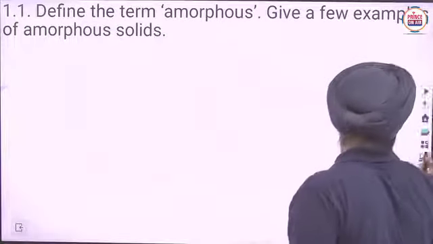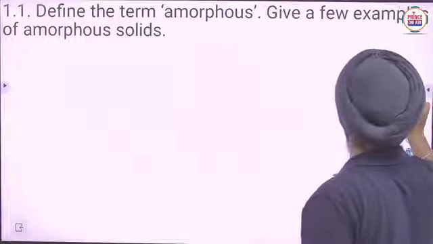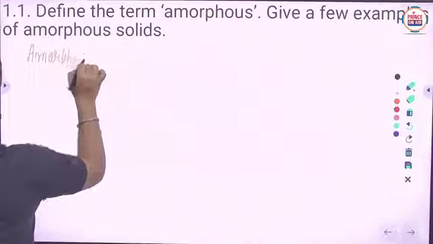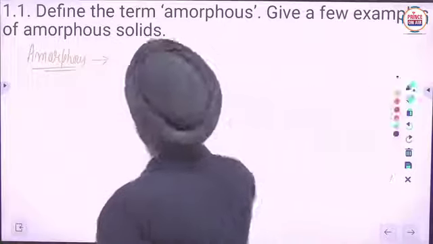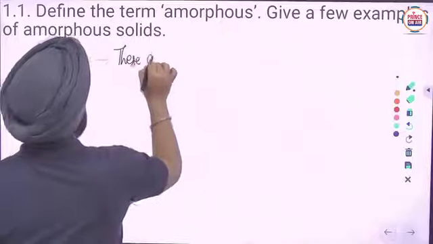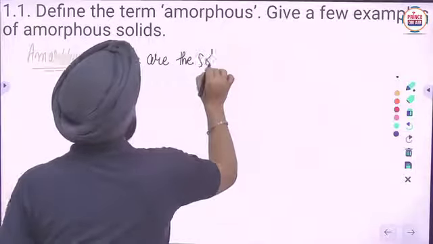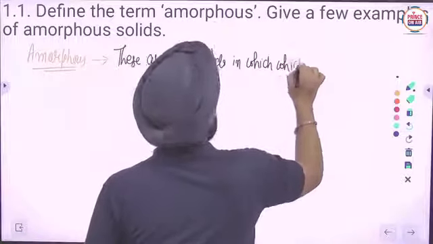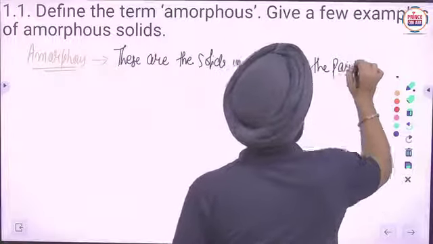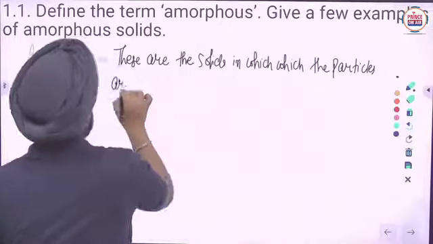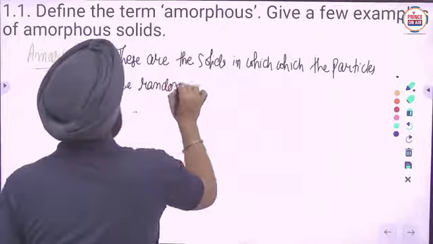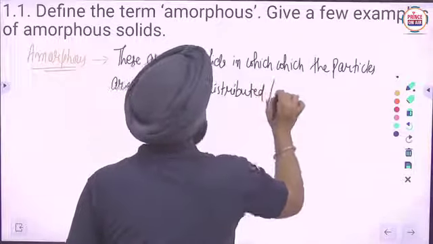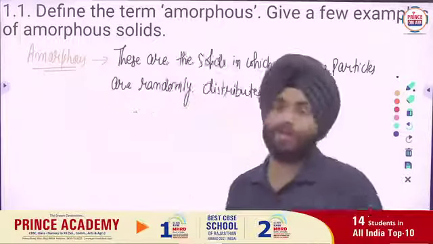See, amorphous solids are the solids in which the particles are randomly distributed, or you can say placed, without any particular geometric shape.